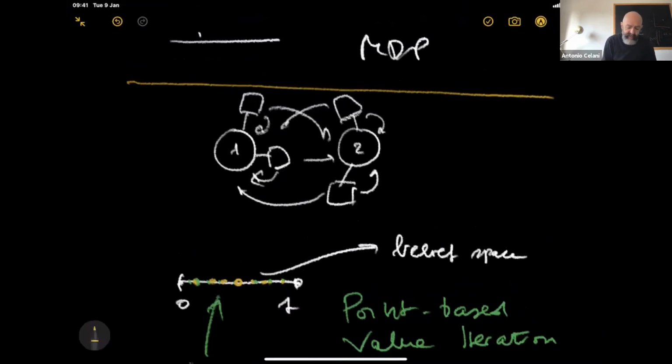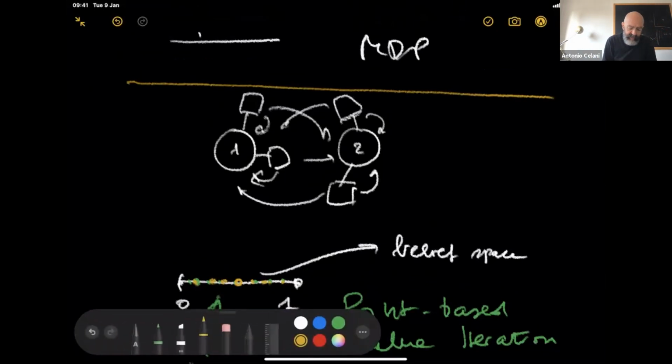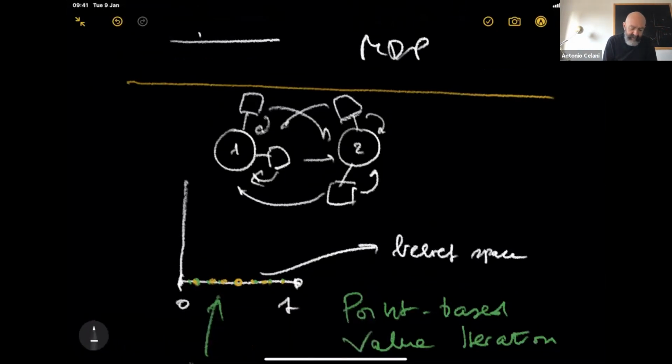The next important idea is that if you try to plot the value function in this belief space, it has a shape like this, more or less. You can actually prove that this value function, this is the belief, and this is the optimal value function for the belief, is always a convex function.